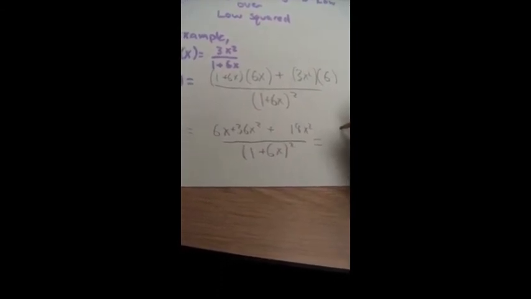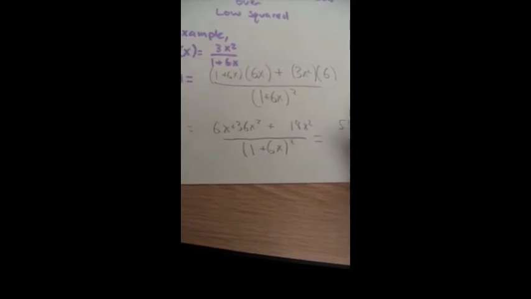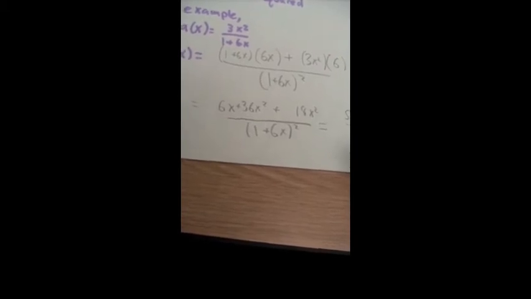That is equal to 54x squared plus 6x over 1 plus 6x squared. Here's your answer.